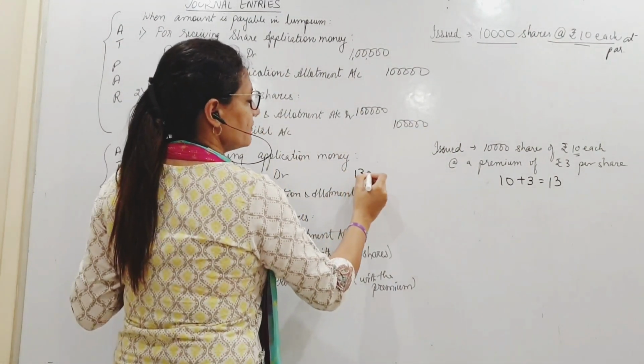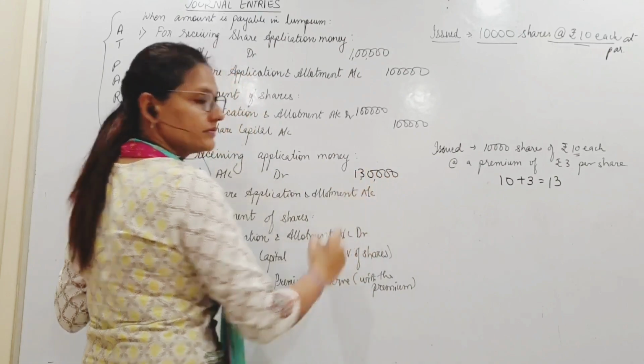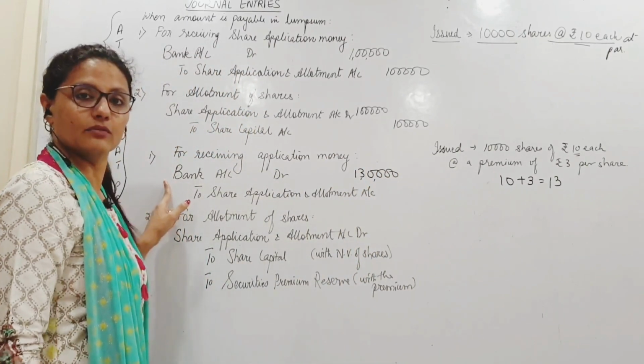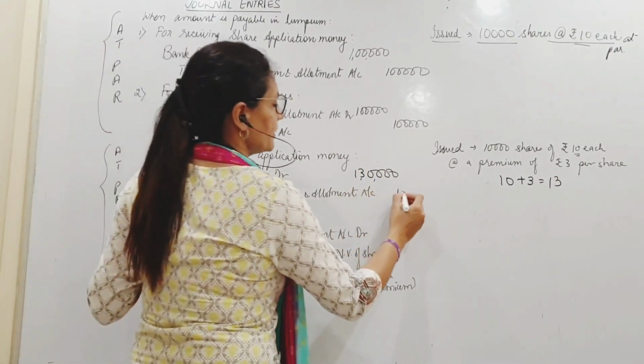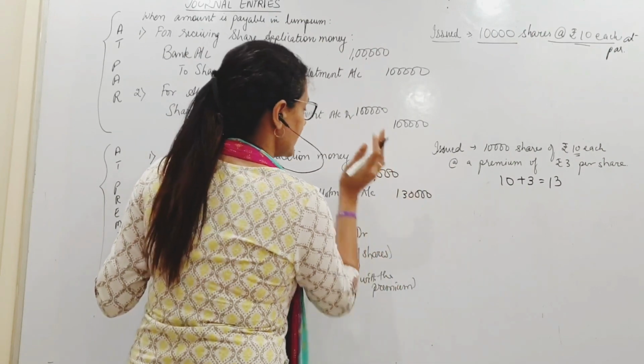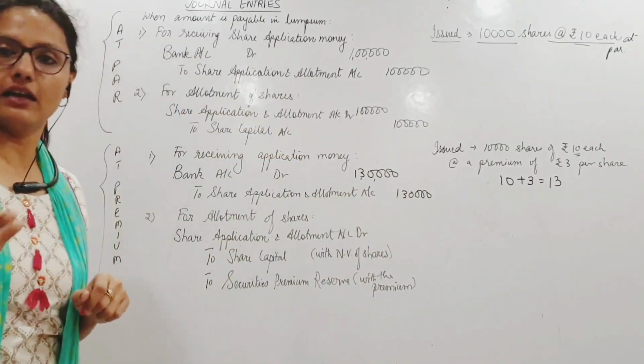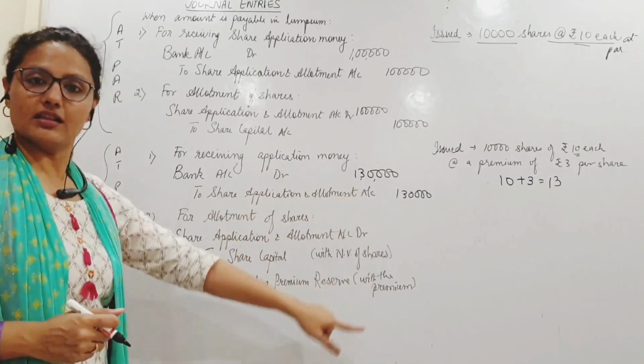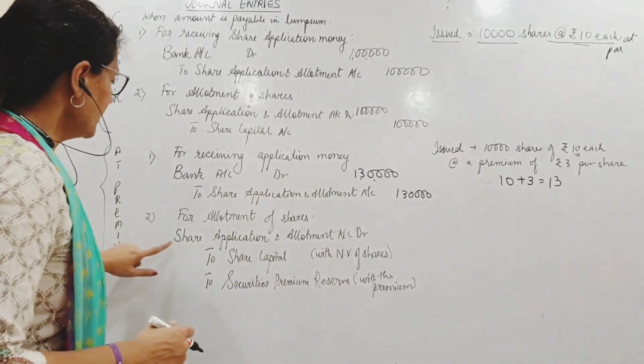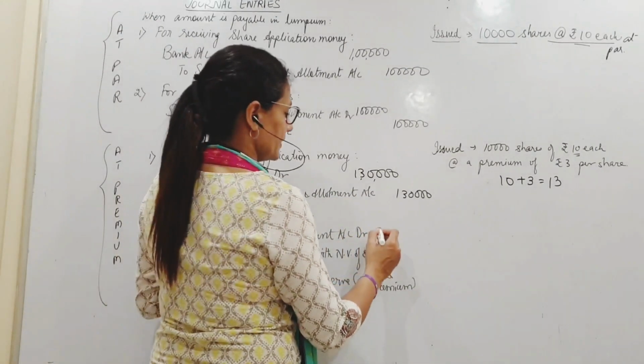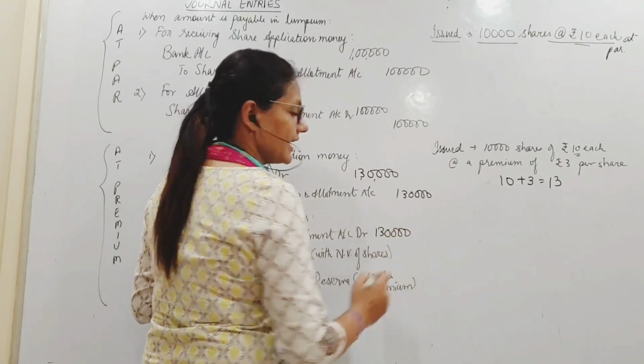Now, when I receive this amount, obviously I receive 13 rupees per share on 10,000 shares. So I will receive 1,30,000, bank account debit. And the entire amount I have received at the time of share application and allotment. When I transfer this, this account has to be closed, 1,30,000 entirely.